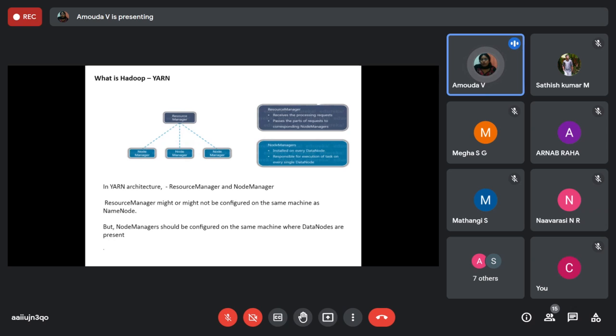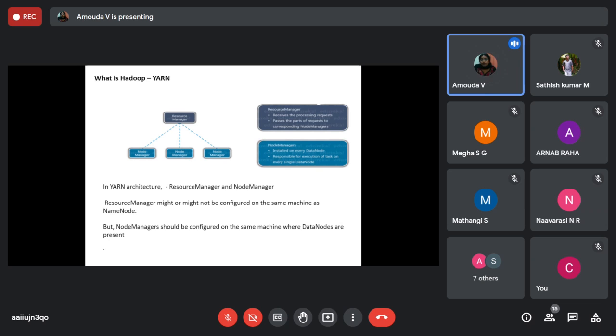And what the node manager does is that every data node, wherever it is required, it will be installed, and it will execute the analysis, the processing. It will execute the processing of each requirement. That is what the node manager does. So yarn is the processing.